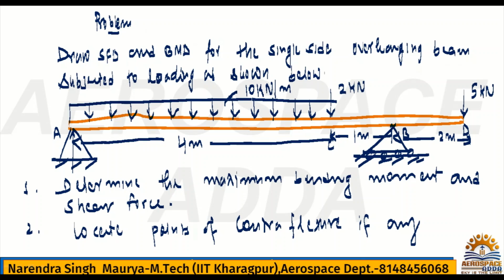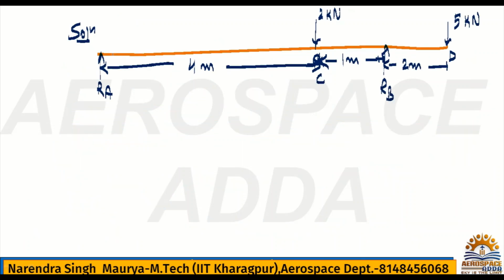You know how to convert UDL into total load. What will be the total load? It is the UDL load times the length up to which it is spread.